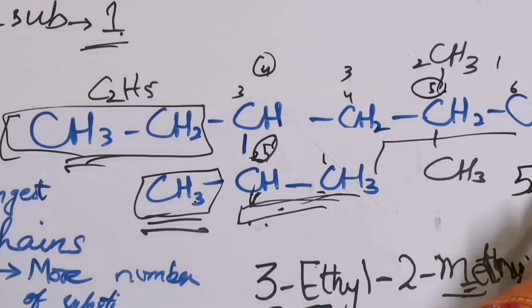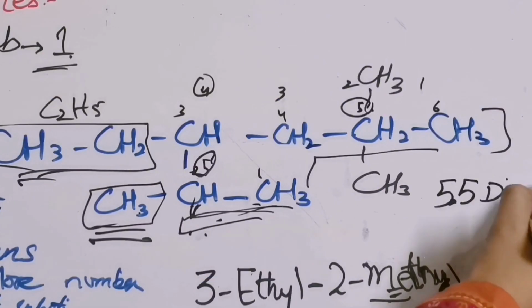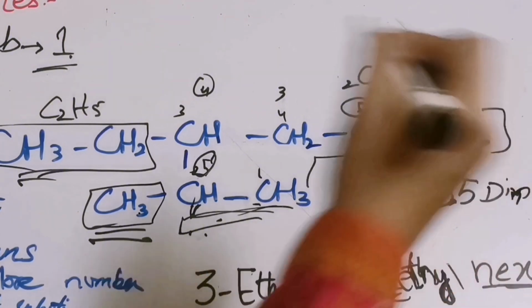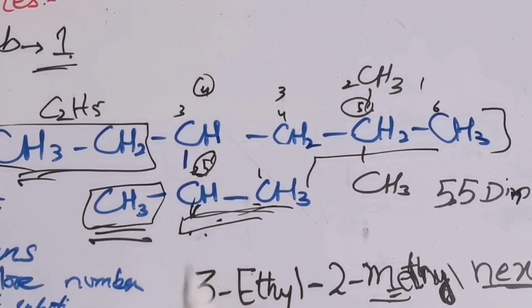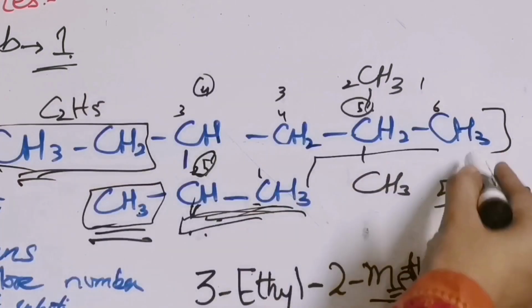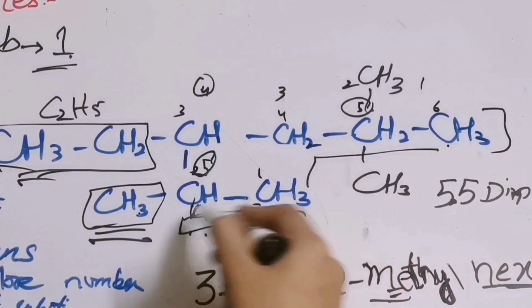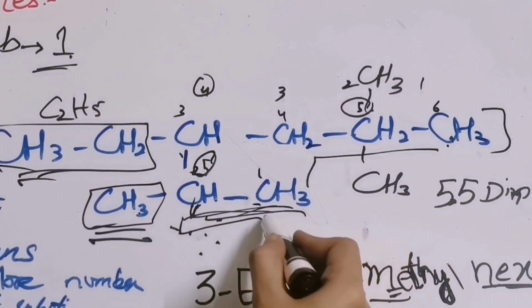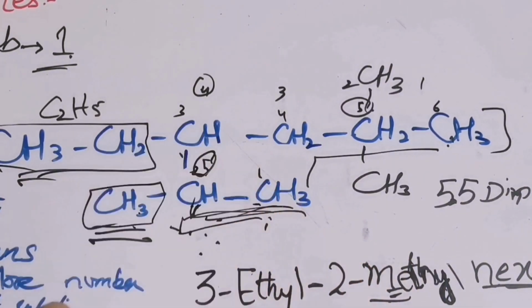We will write 5,5-dimethyl, right? We will repeat the position as well. Then according to the last rule, if we were having two possible chains, from here it was a 6 carbon chain and from here it is also a 6 carbon chain. So according to the last rule, we will select the chain in which we will have more substituents present. Now the next topic is alkene.